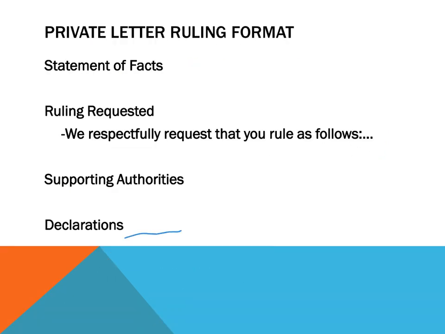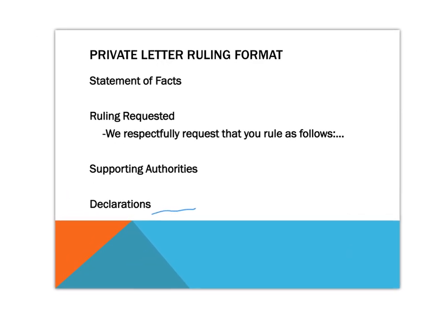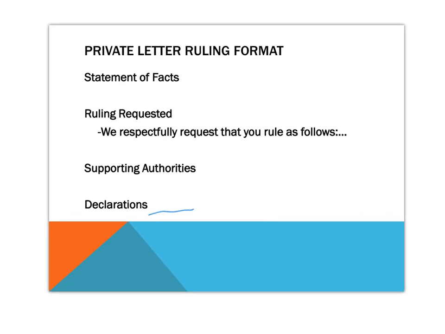Now, let's talk about a private letter ruling, okay? And the reason we're talking about a private letter ruling and the format is because it's a little bit different than your typical research memo, okay? Because this private letter ruling, you're doing a different thing. So typically with the research memo, you're communicating with the client.